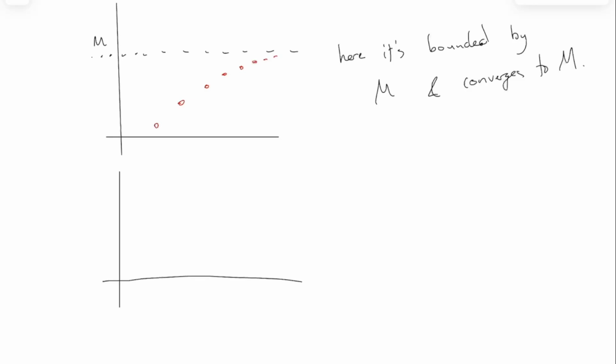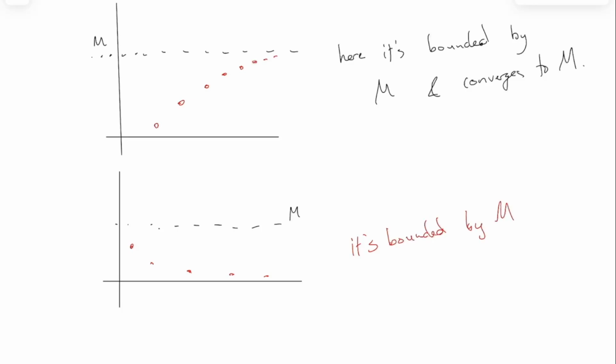So it could be that it's bounded up here by M. Here's M. But all that means is the dots stay below the line. It doesn't mean that they go up to the line. So here it's bounded by M, but converges elsewhere.